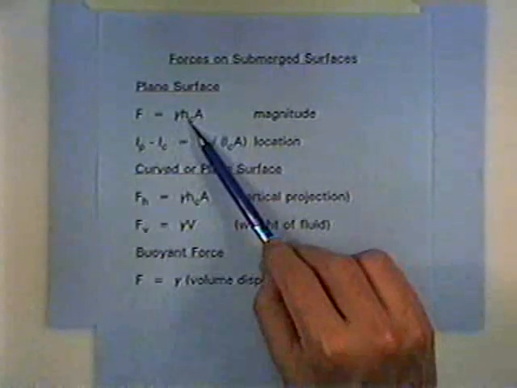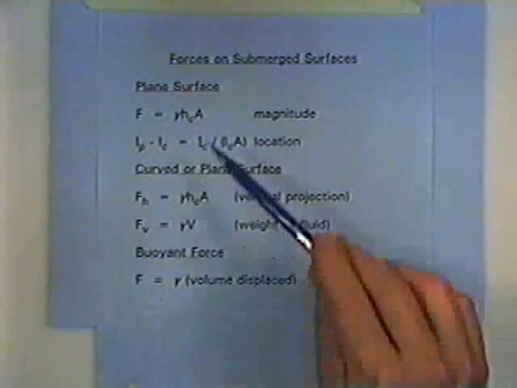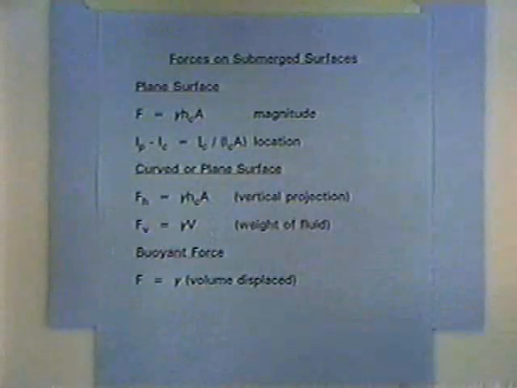It's just that the head this time, the H sub C, is going to be the distance from the, let's say water, whatever fluid, I'll say water is the fluid, the surface of the water to the center of gravity of the plane surface.